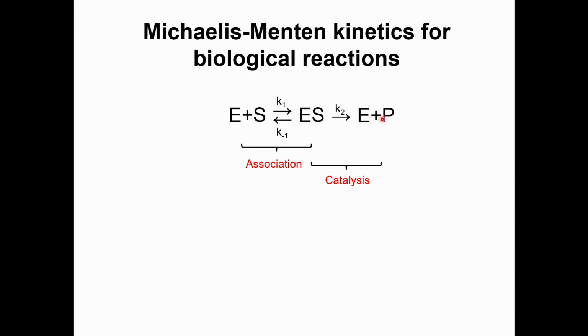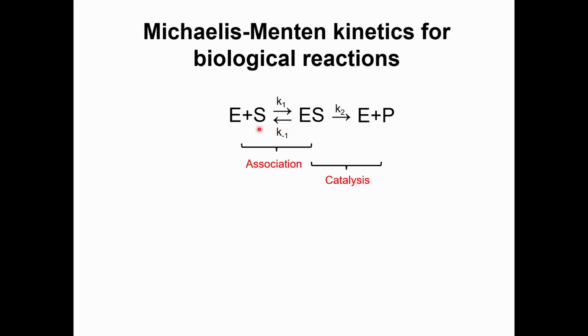So it's a little bit different than, for instance, a ligand or a drug binding to a receptor. There, the only thing that's happening is the first part, association, right? In the case of enzymes, association is only the beginning, and then once the enzyme-substrate complex is formed, some sort of a chemical reaction has to occur. So there are rate constants involved. There is K1, which is the association of enzyme and substrate to make this enzyme-substrate complex.